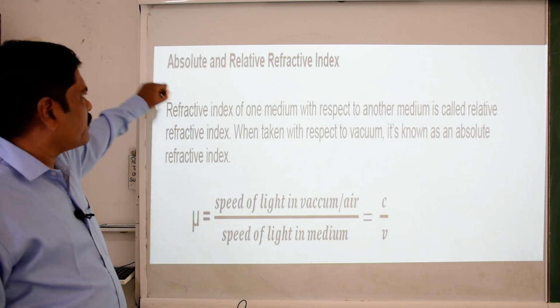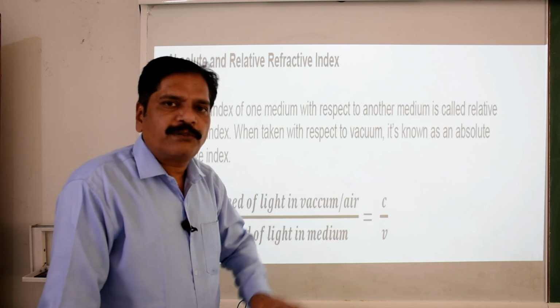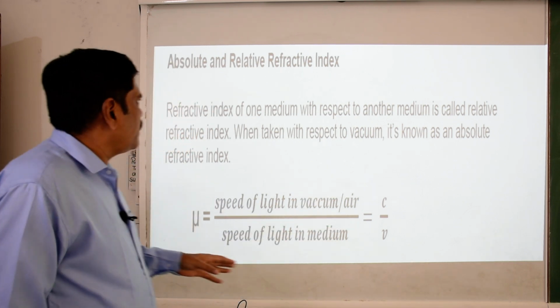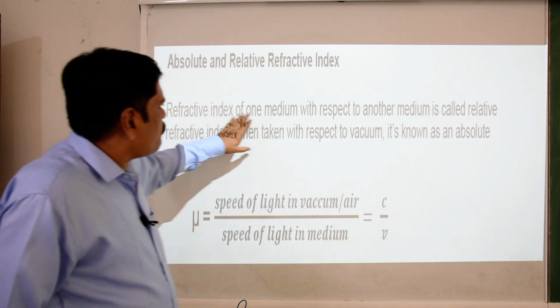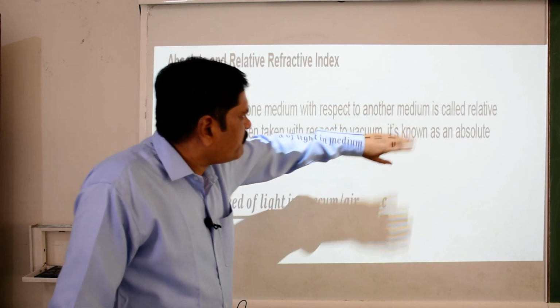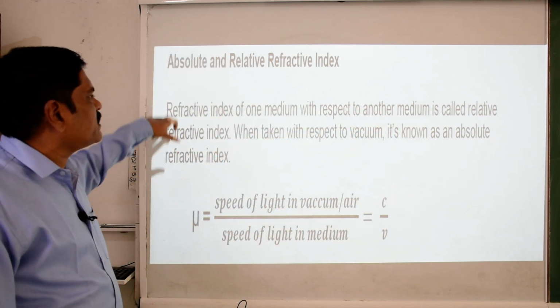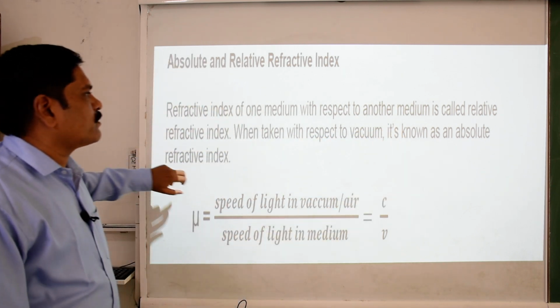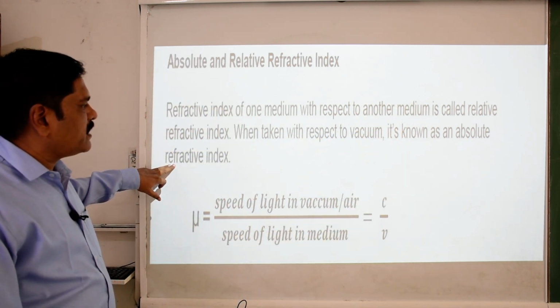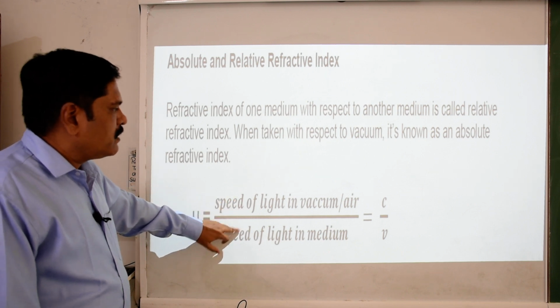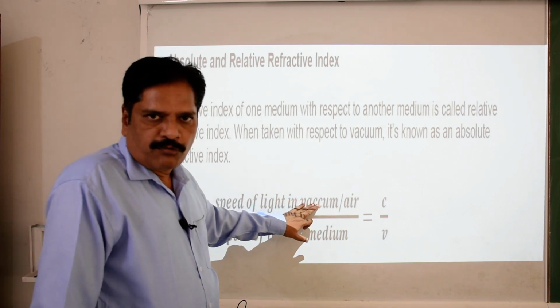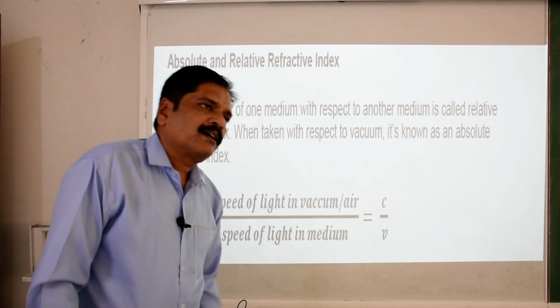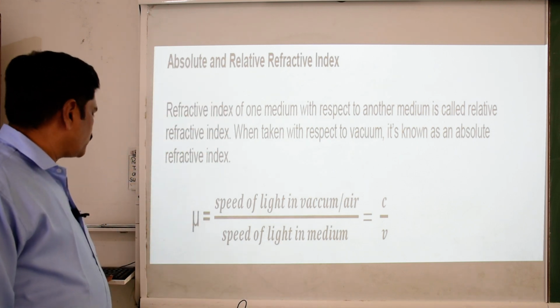Basically we consider vacuum, but practically it is impossible, so we always take air. So the refractive index of one medium with respect to another medium is called the relative refractive index, and when taken with respect to vacuum, it is called the absolute refractive index. So that's why here the speed of light in vacuum or air and the speed of light in the corresponding medium will give the refractive index.